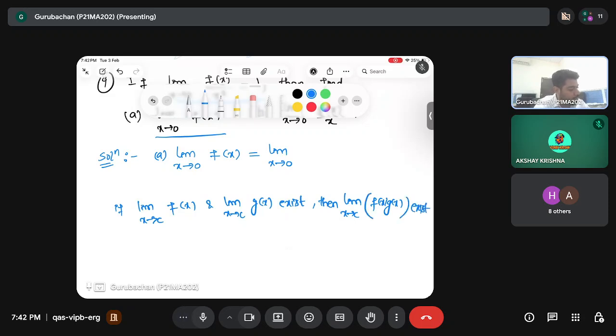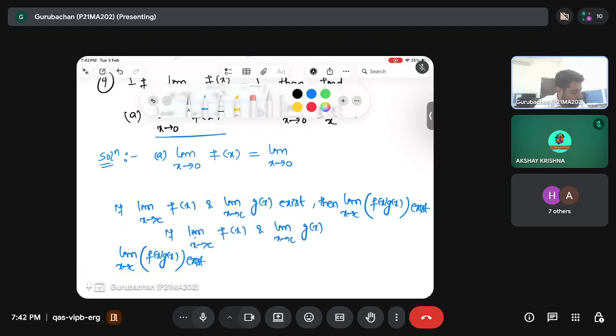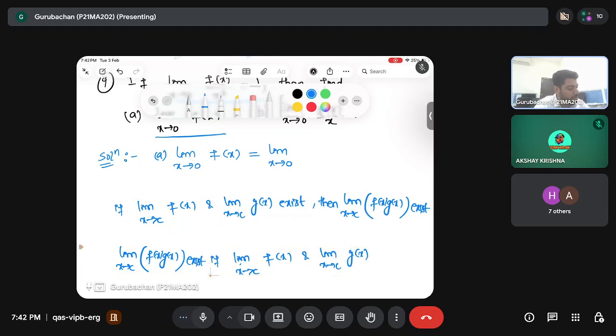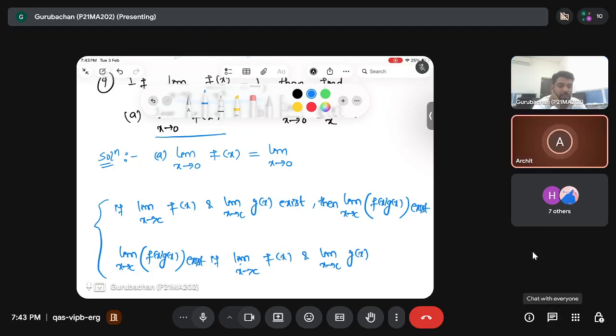One is this statement and another one is this exists. Are these two statements different? No, sir. I think these two statements are different, sir. These two are not different.